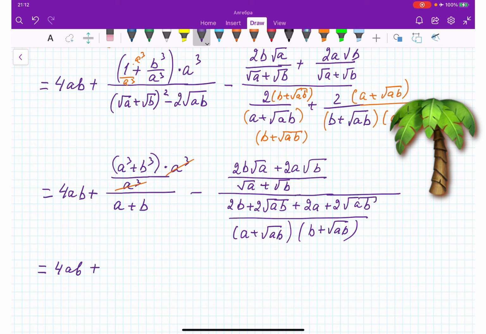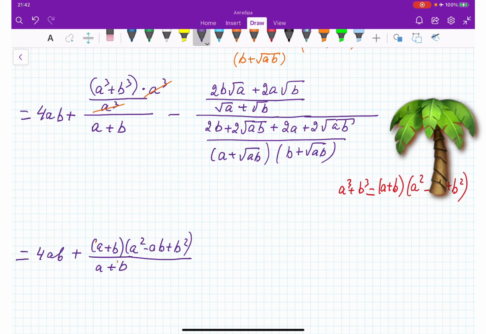4ab plus a cubed plus b cubed over a plus b minus, so we're going to divide the second fraction, divide by each other.